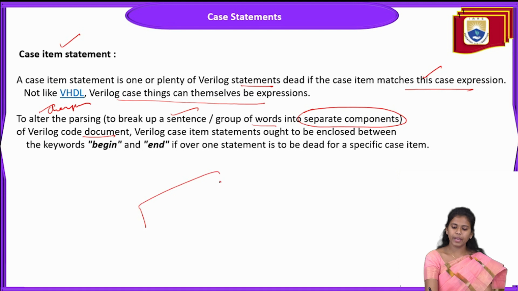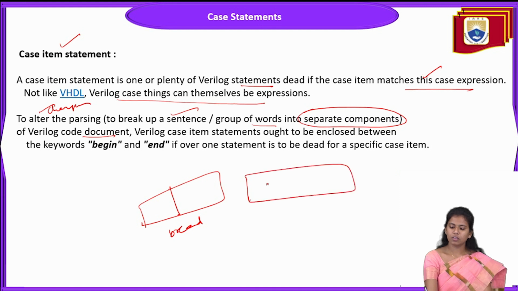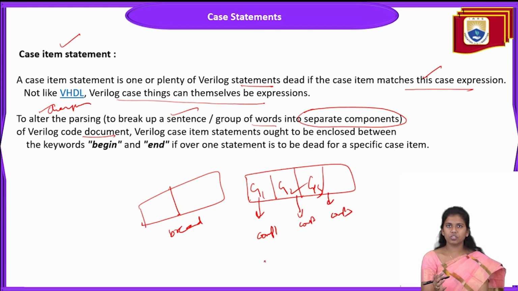So to break up a sentence or group of words, this is one group, G1, G2, G3, into separate components. So this is component 1, this is component 2, this is component 3.